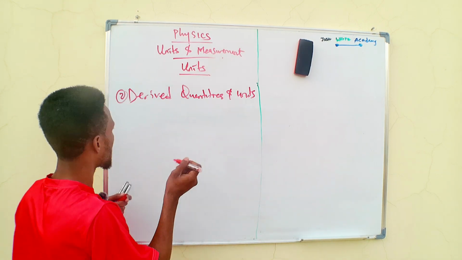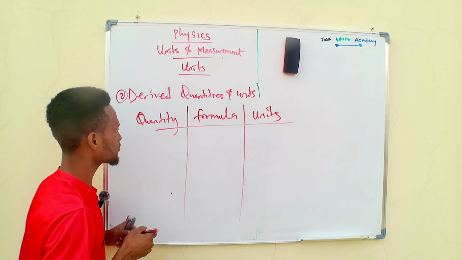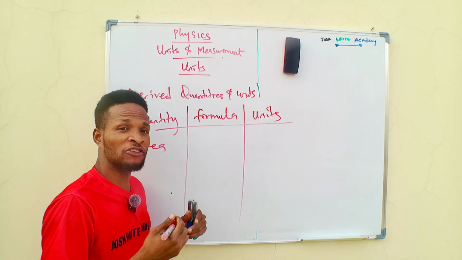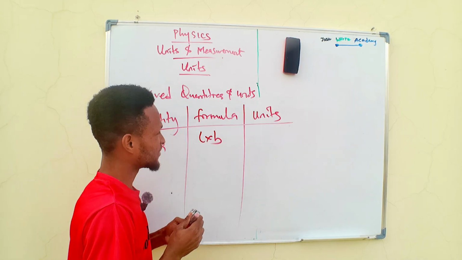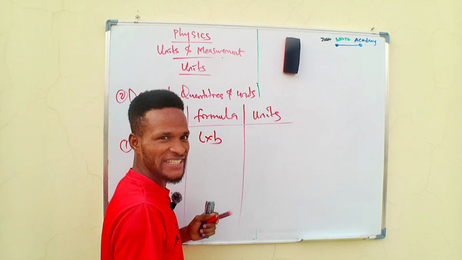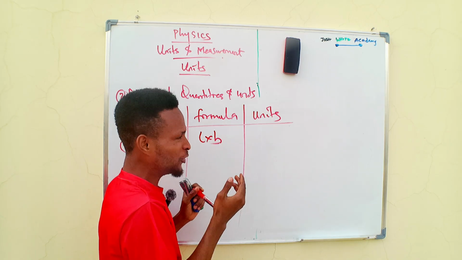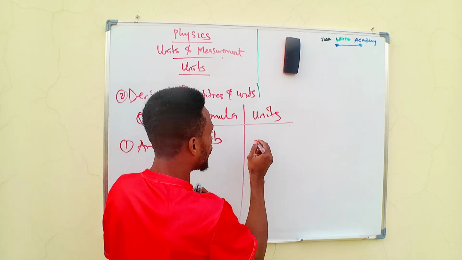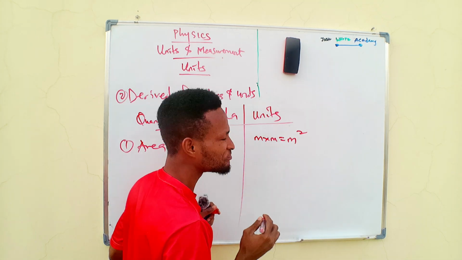For example, area. What's the formula for area? Length times breadth. What's the unit of area? Since length is meter, and breadth is also length, two fundamental quantities will form m times m, which will give you m squared.